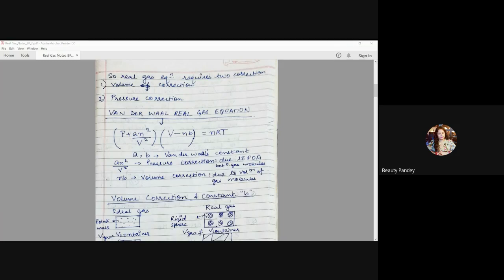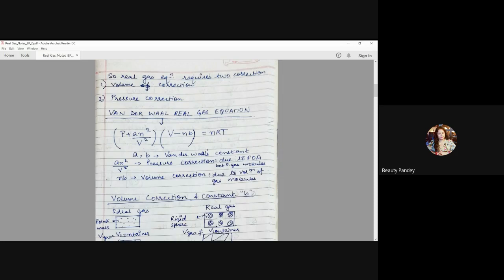Okay. So similarly, pressure correction is required. Why? Because the pressure in the ideal gas equation is the pressure actually exerted by the gas molecules. In ideal gases, we assumed there is no intermolecular force of attraction, so we only considered the force exerted by the moving molecules on the walls of the container.